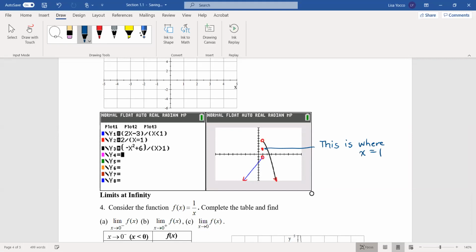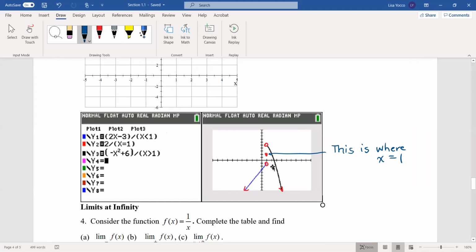But it turns out for the limit, we're interested in the limit as x approaches 1. We don't really care about that point, because here's what we do care about. We want to get close to 1 from the left. I'm going to be on the blue graph. As x gets close to 1 from the left, I'm tracing along this graph. I'm heading to the y coordinate of that point, which I think is -1.